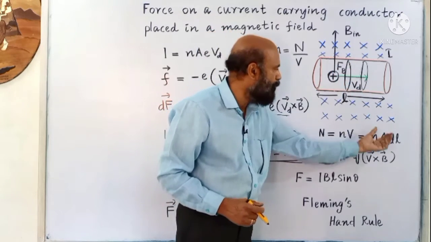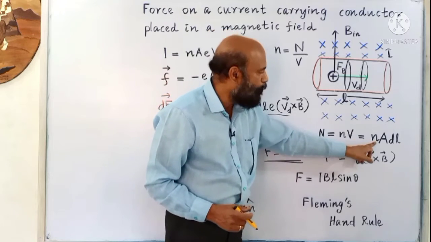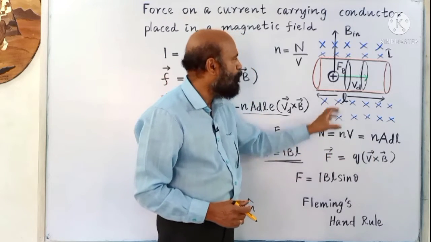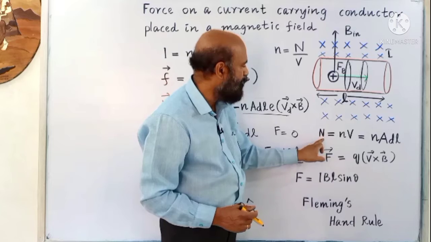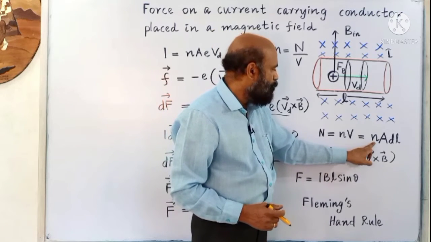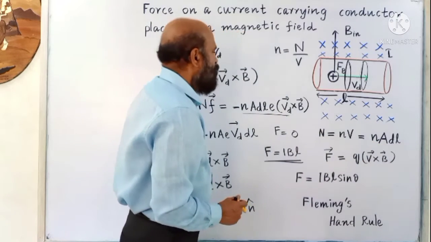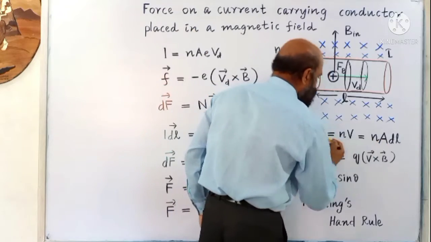Cross-sectional area multiplied by length, then multiplied by the number of electrons per unit volume, gives the number of electrons in this region. So N is equal to n A dl.